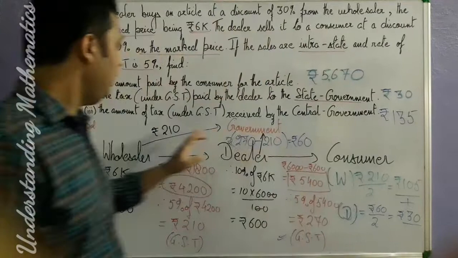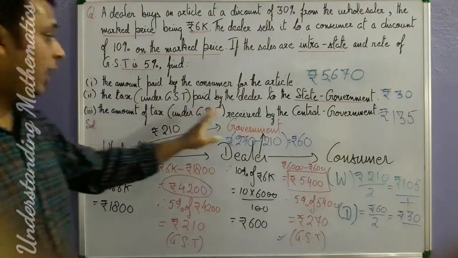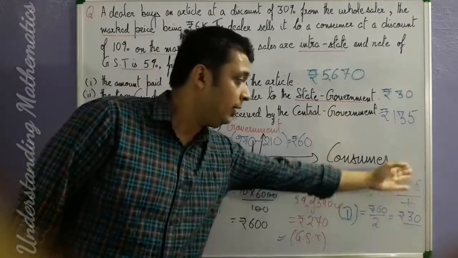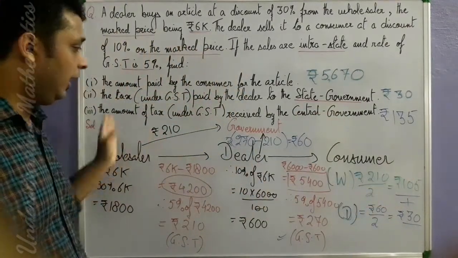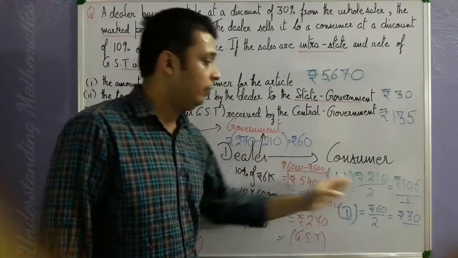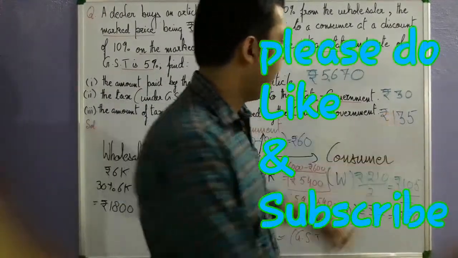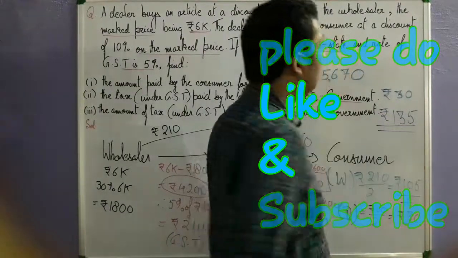Clear? And the amount of tax received by the central government, that is the complete tax, the tax from the wholesaler and the tax from the dealer. We will add both of them by this process, and we will get this amount. Clear? So this was one question.